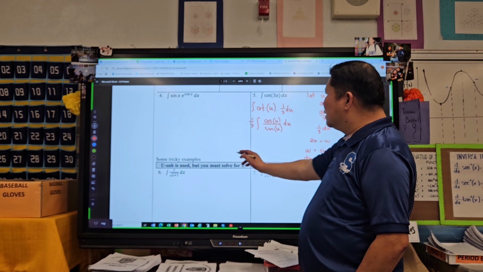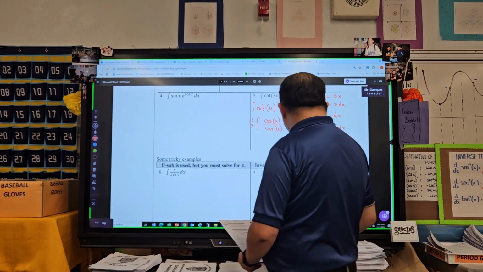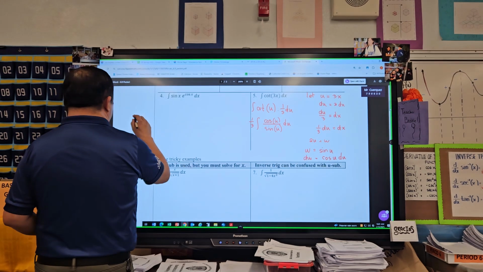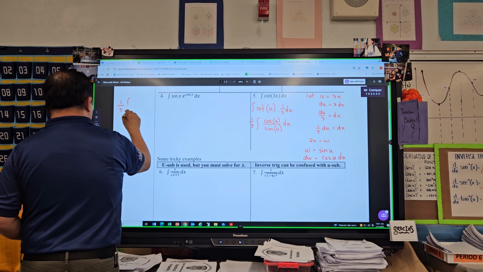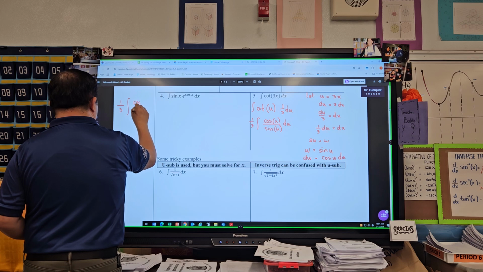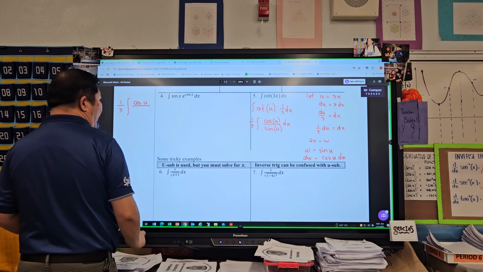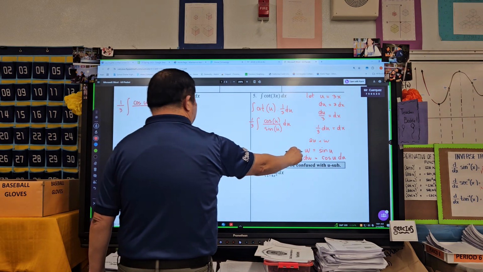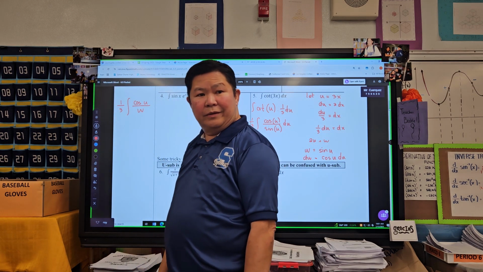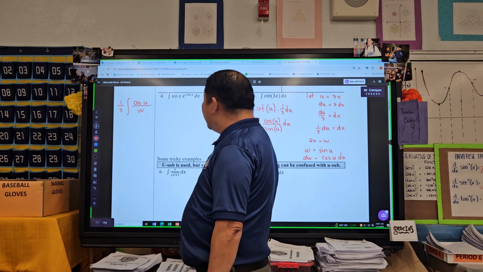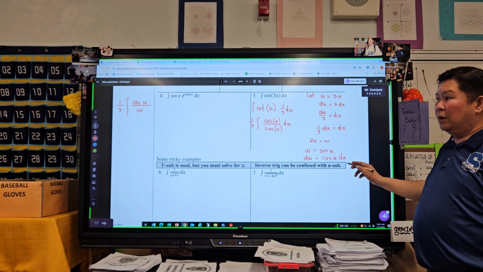So we have 1/3 the integral of the top, which is cosine u, over, we define the bottom sine as w, so we write w. You get me, guys? Times, what is du? Cosine u.